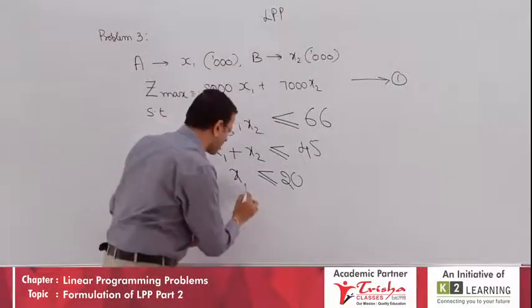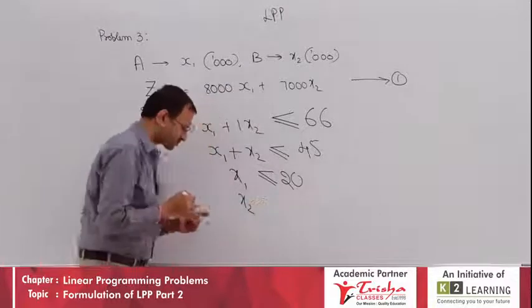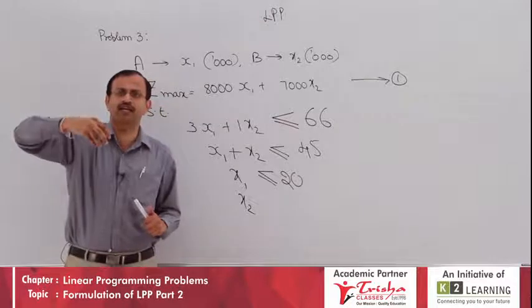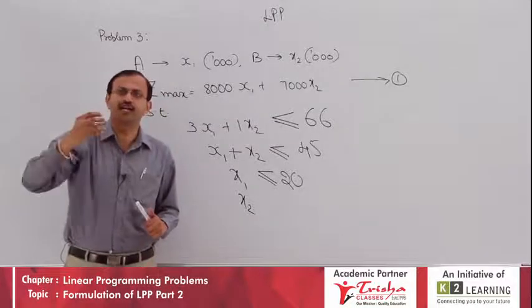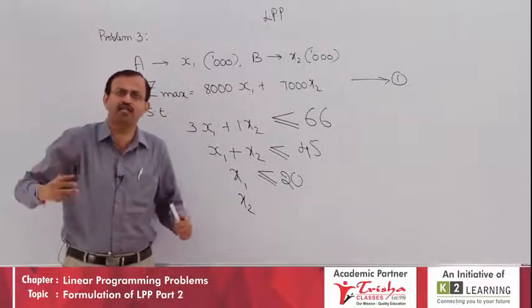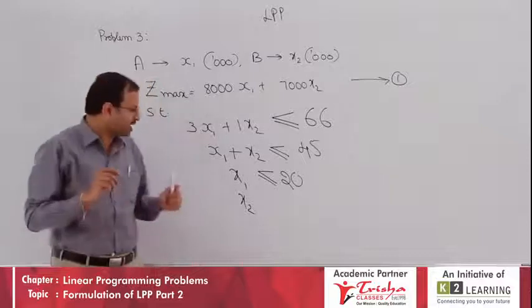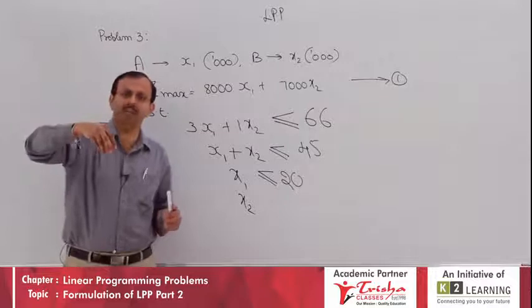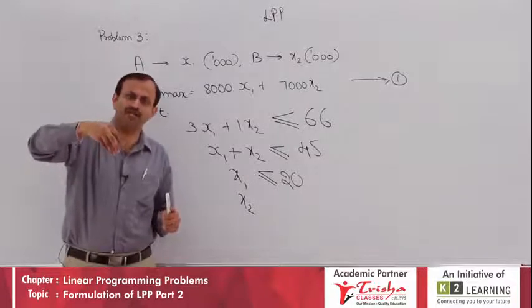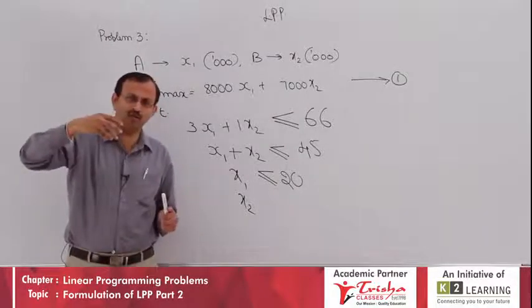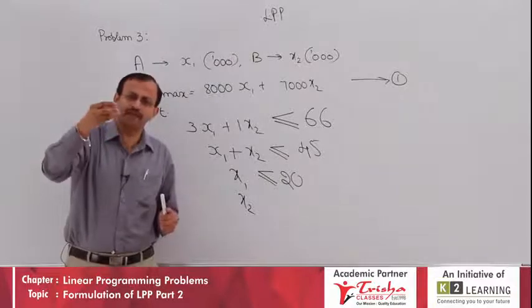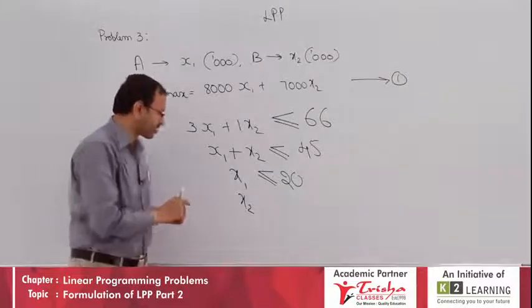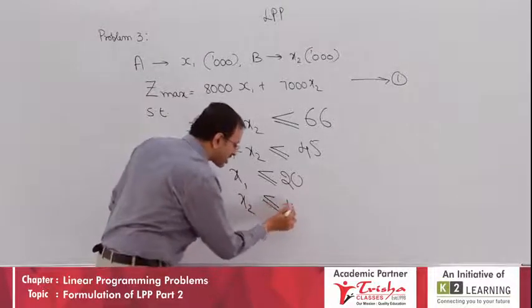Similarly, students, can you answer for x2? What is the maximum you can fill with the available ingredients for medicine B? There it is given 40,000 bottles. Whatever you want to fill in medicine B, the ingredient is available only for 40,000 bottles, so x2 is less than or equal to 40.